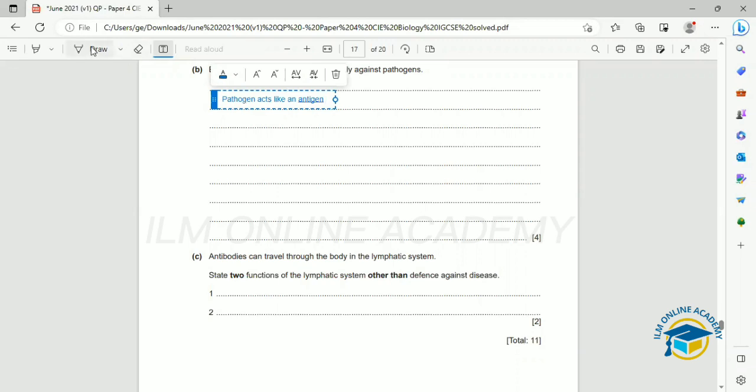This is your antibody, and it is very specific for the type of antigen that comes and gets attached to it. Antibody, antigen.